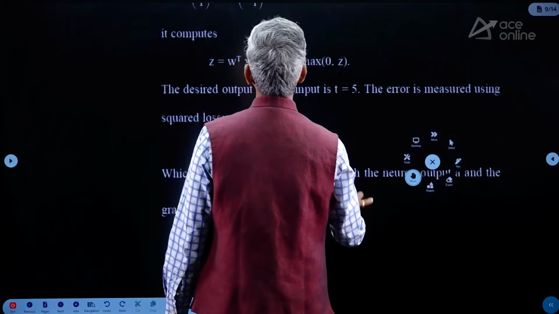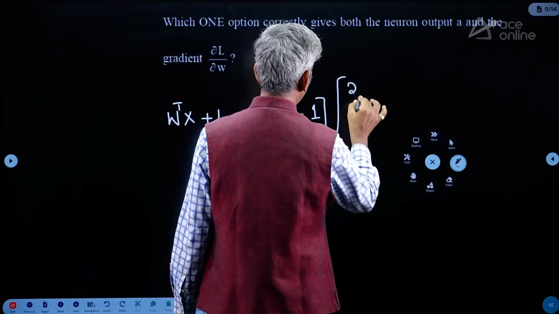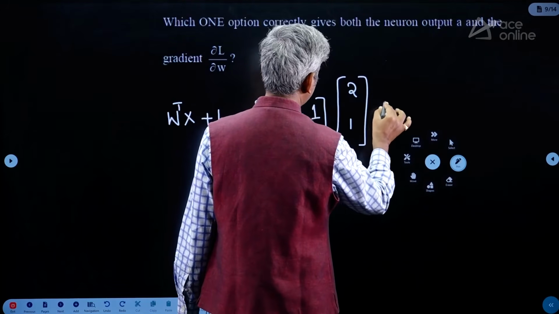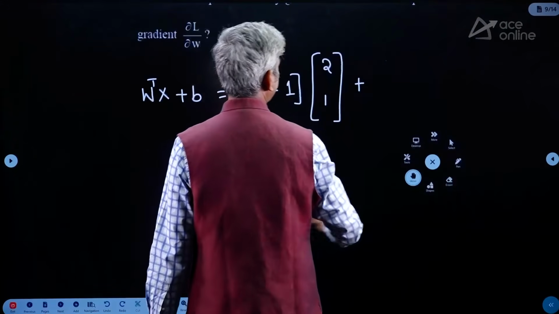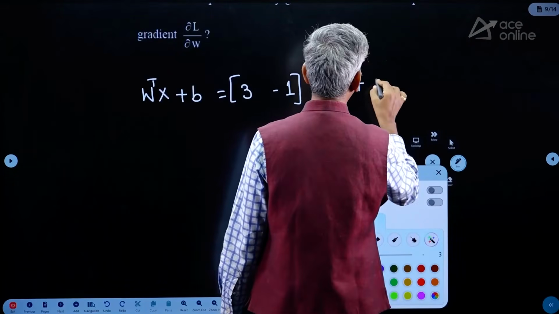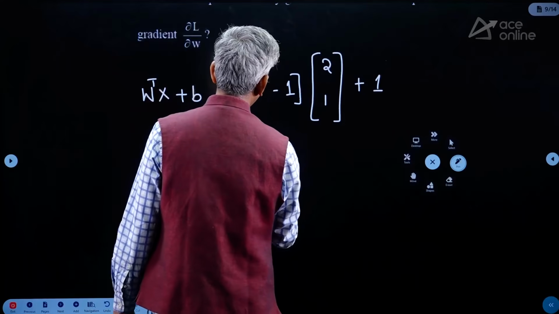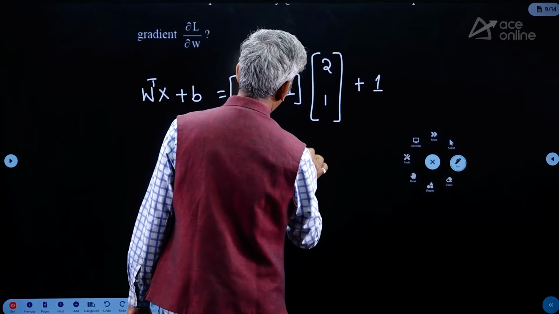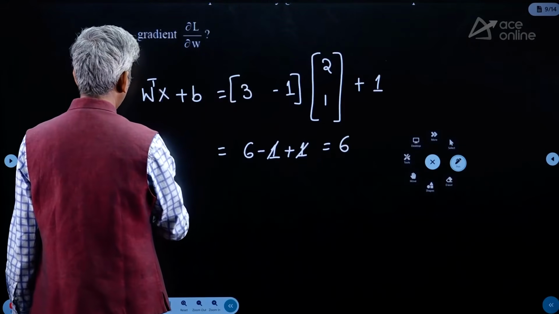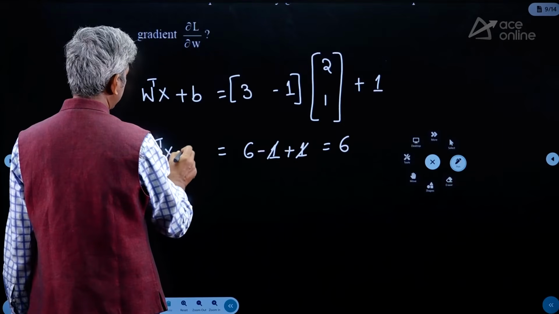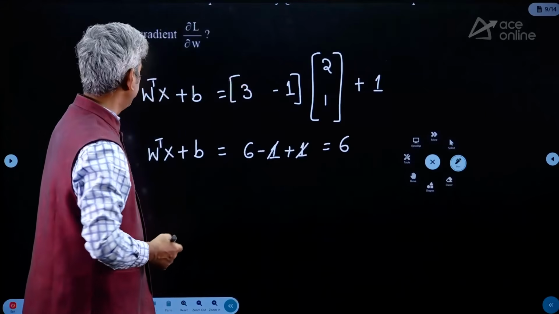The X value is 2, 1, plus B. The given B is 1, such that it is equal to 6 minus 1 plus 1. So that value is equal to 6. Your W transpose X plus B value is equal to 6.